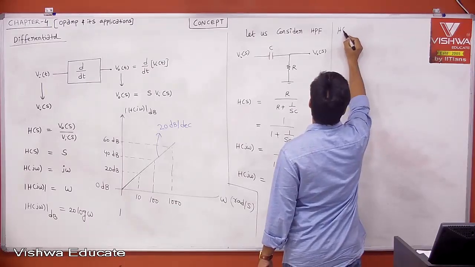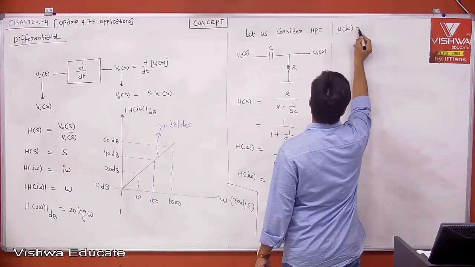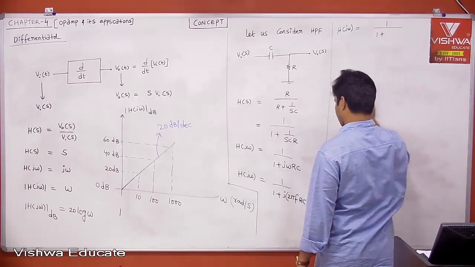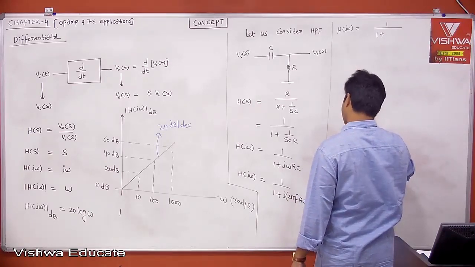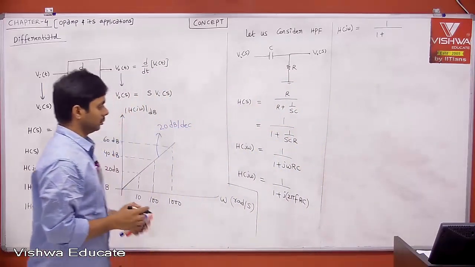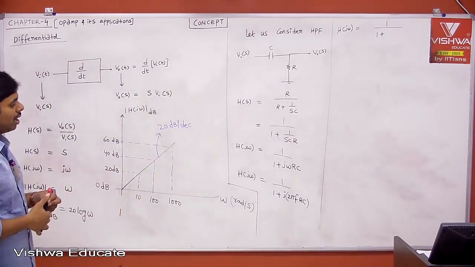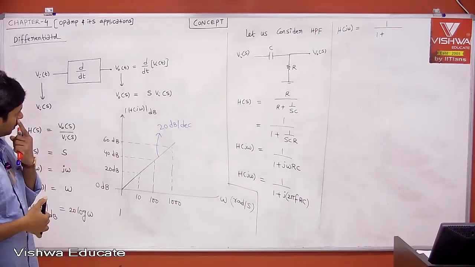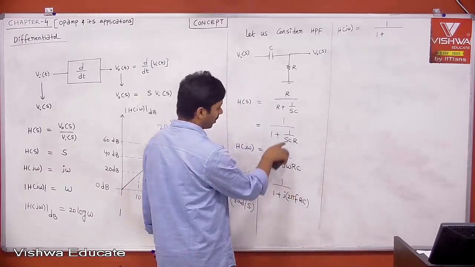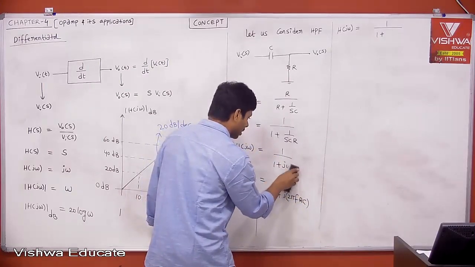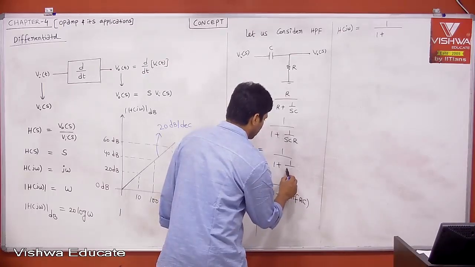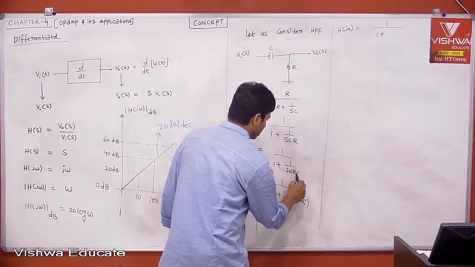Therefore, H of j omega is equal to 1 divided by 1 plus, sorry, something is wrong. Is it 1 plus 1 by j omega RC?